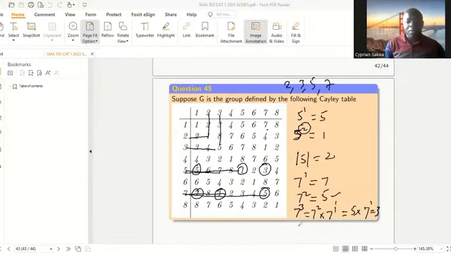What about 7 raised to 4? We go until we find the identity 1. This is 7 cubed times 7. But 7 cubed is 3, and 3 times 7 is 1. So the order of 7 is 4. That is how you're supposed to have done that question.